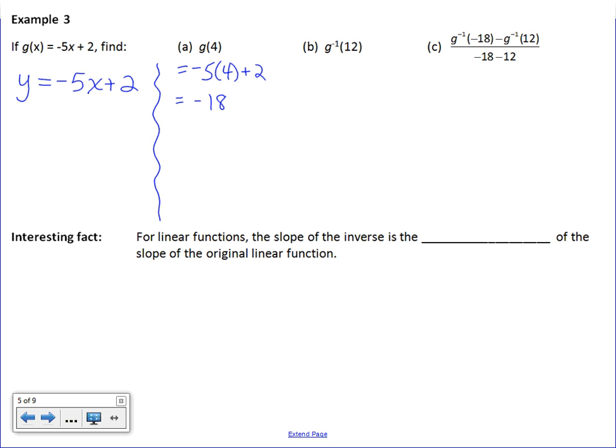You don't want the function notation, you write y instead of your f at x. I need to see this little statement, guys: switch x and y, interchange x and y. You write that little statement to tell me what you're doing. So what do I have now? x equals negative 5y plus 2. And now you're going to isolate for y.